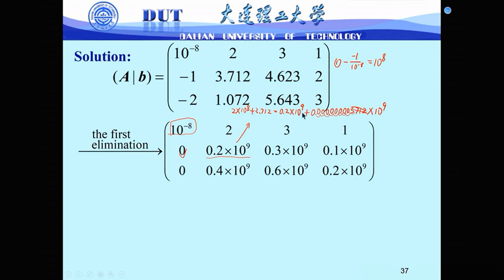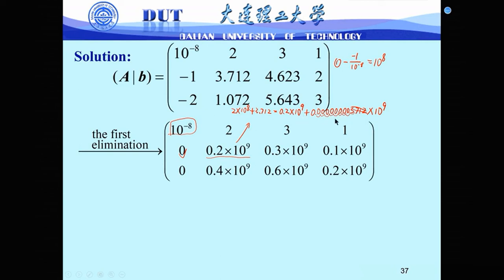Otherwise, the large number will eat the small number. That is why, because here we suppose we can only use 8 digits, by the same power, 1, 2, 3, 4, 5, 6, 7, 8, 8 zeros, then we cannot use other digits. So that means this number is changed to 0.